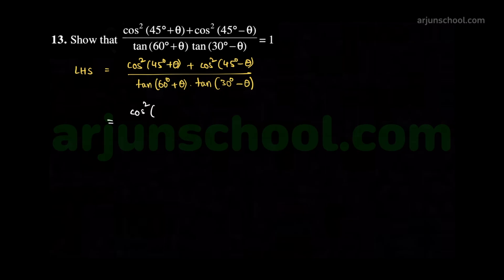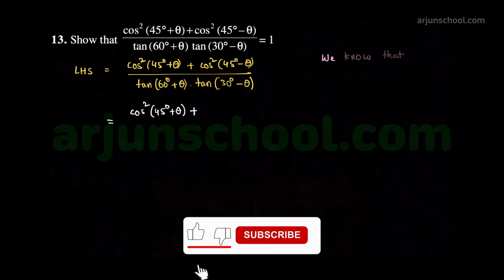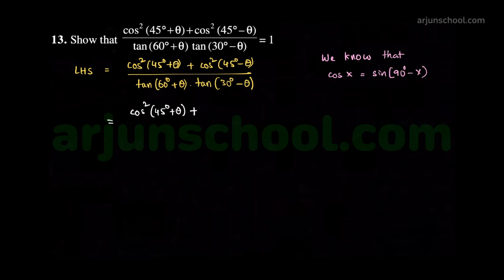Cos² (45° + θ) plus, now let us write this cos in terms of sine. We know that cos x is equal to sin (90° − x).